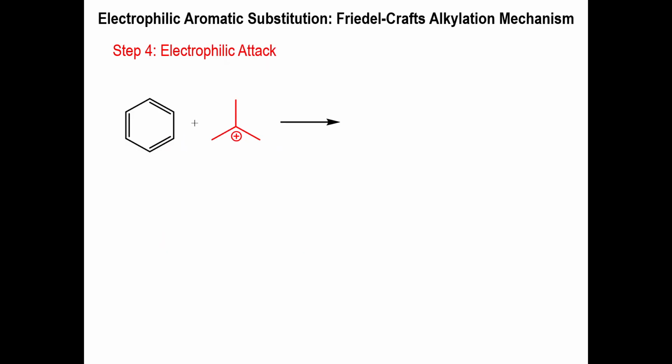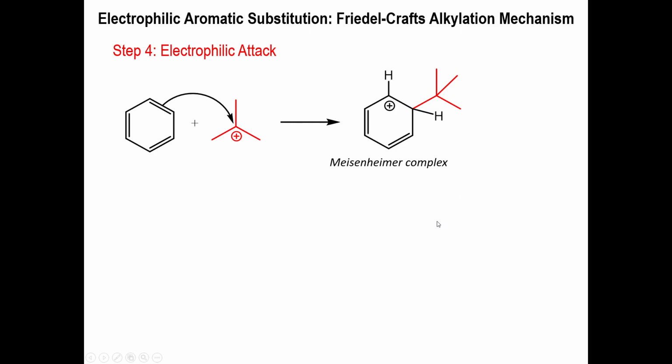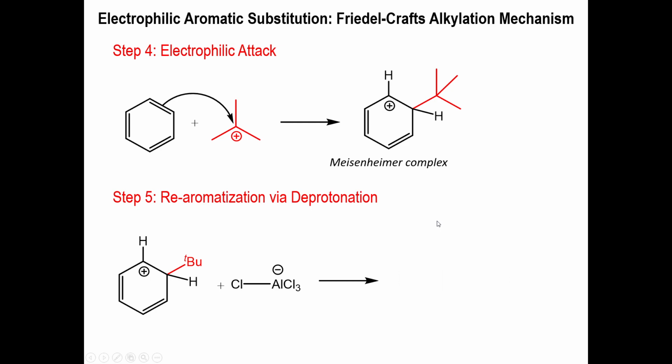Okay, so now that we have the more stable carbocation, the benzene ring finally comes by and attacks with one of its pi bonds. In the process, you end up with this t-butyl substituent attached to it. You have the carbocation adjacent to that carbon, and in essence, you form your Meisenheimer complex yet again. Now, finally, just like you saw with the bromination and chlorination reactions, the tetrachloroaluminate derivative that we formed a few steps ago comes by to finalize the process.